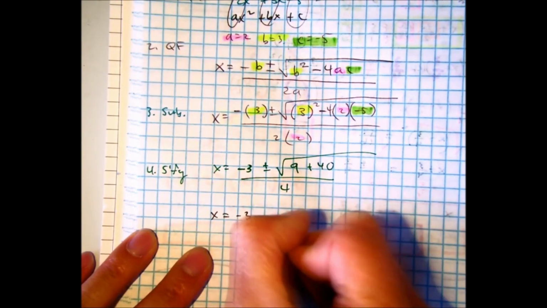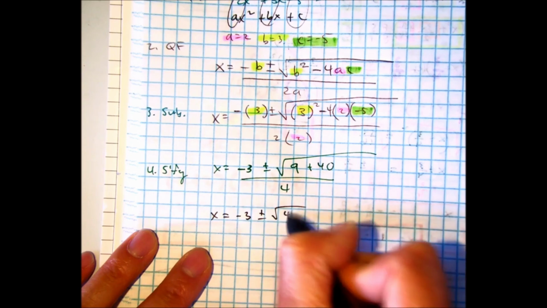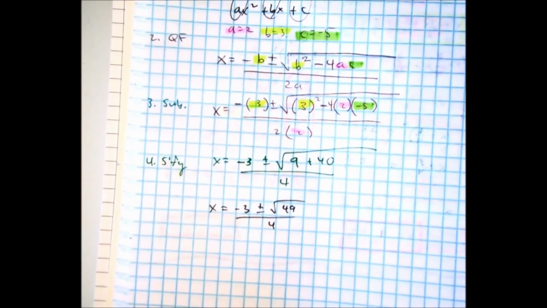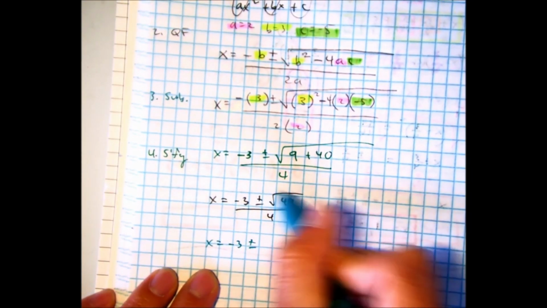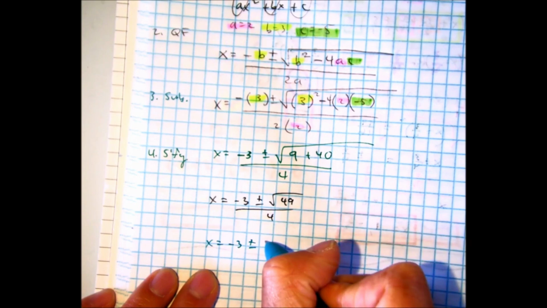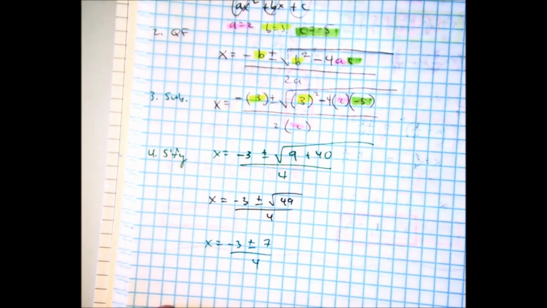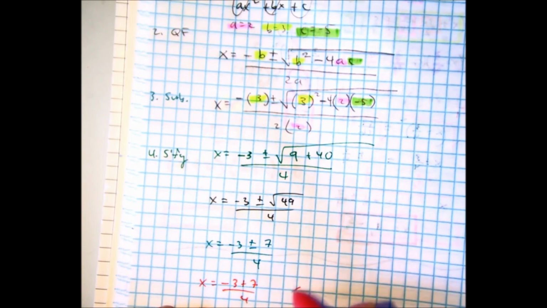X equals -3 plus or minus, 9 plus 40 is, X equals -3 plus or minus 7 over 4. This means here we have two solutions. Let me write it out for you so you can see it. -3 plus 7 over 4 and -3 minus 7 over 4.